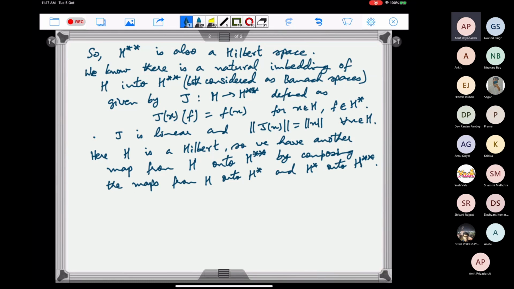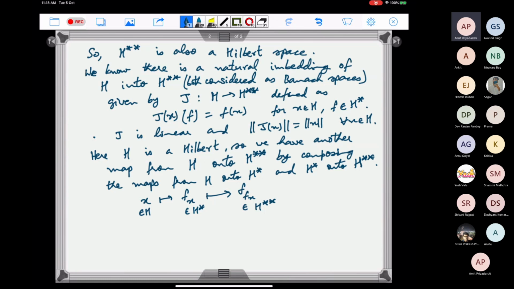So this is the map that if we have any x in H, then x is going to f sub x. So this x is in H, then f sub x is in H star, and then f sub x can be mapped to f sub x, which is in H double star. So we get another map which is x going to f sub x going to f sub x. So this gives a map from H to H double star.